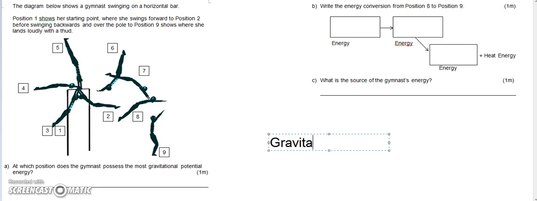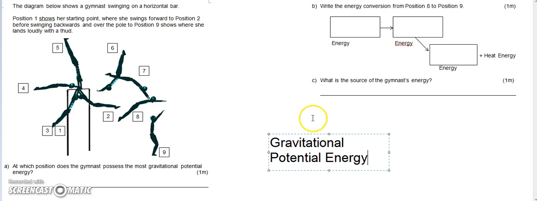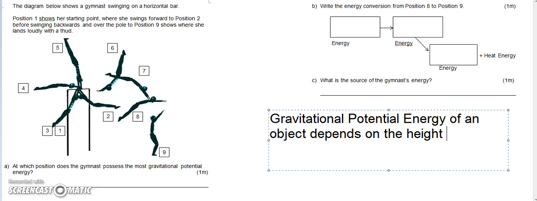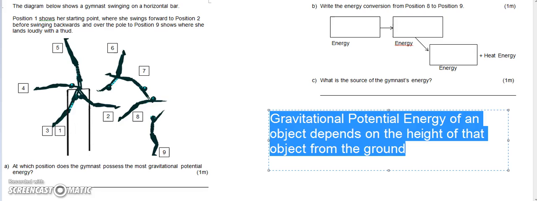So we do know that the gravitational potential energy really depends on the height of an object, the position or the height or the distance of that object from the ground.